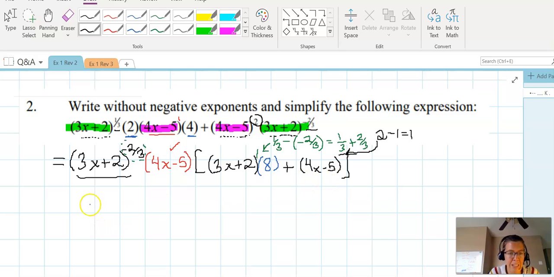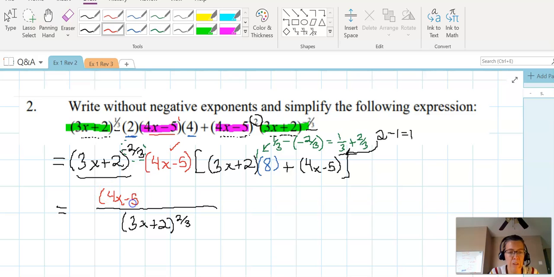Okay, now I need to clean this up. Since I have this negative exponent, 3x plus 2 to the negative 2/3, I'm going to move that to the denominator. The instructions say to write this without negative exponents, so anything with a negative exponent should move to the denominator. 4x minus 5 is to the positive first power, so that goes in the numerator.